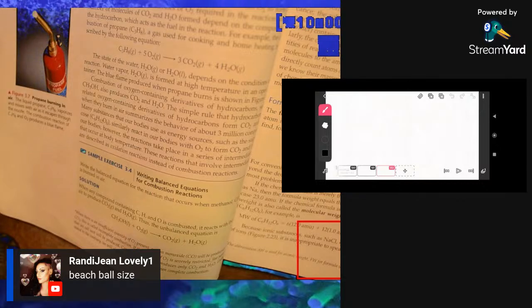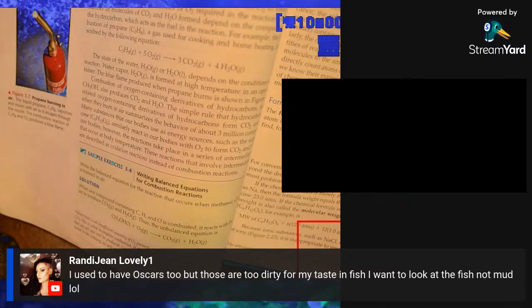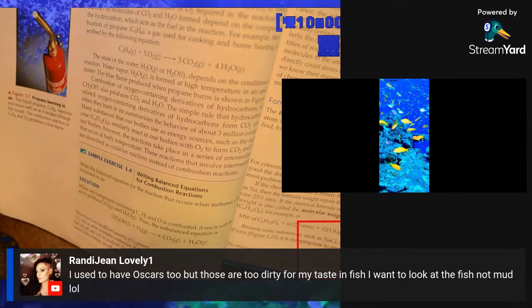The section that I'm telling you about is really, really cool stuff. Beach ball size. Oh, okay. So you want a little fish tank about the size of a beach ball, or a little bit bigger. I would say probably a 30-gallon for sure, or a 40-gallon hexagon tank. I used to have Oscars too, but those are too dirty for my taste in fish.